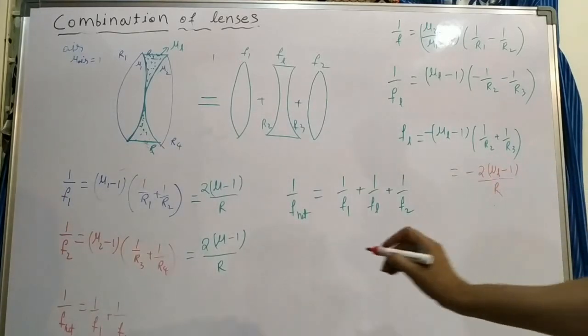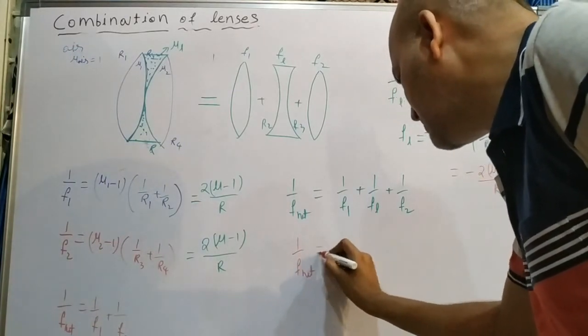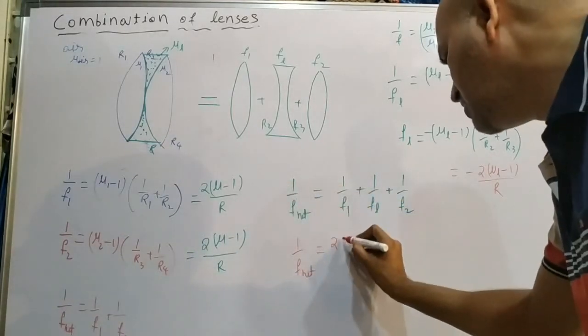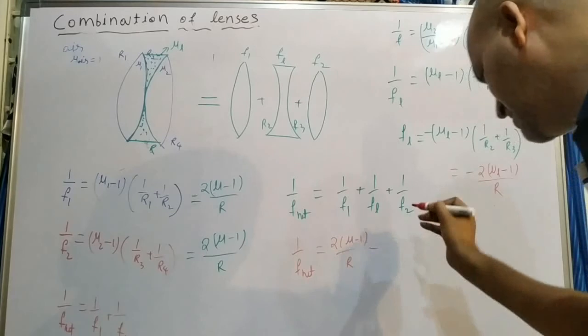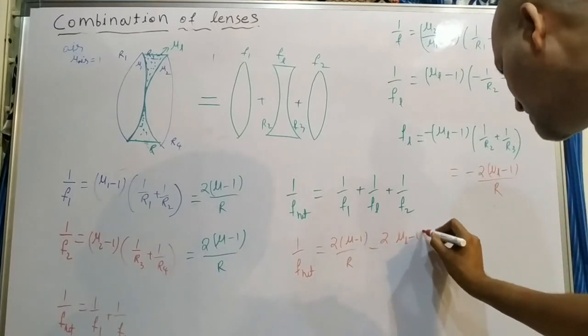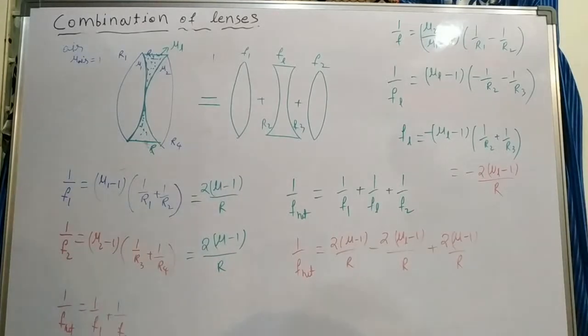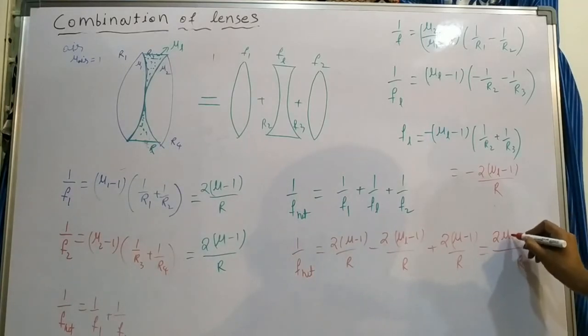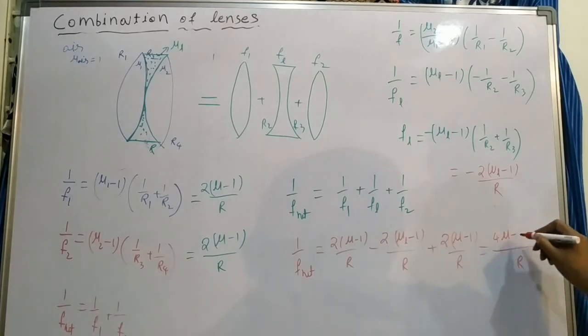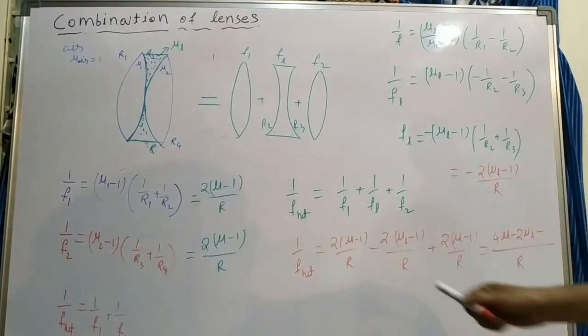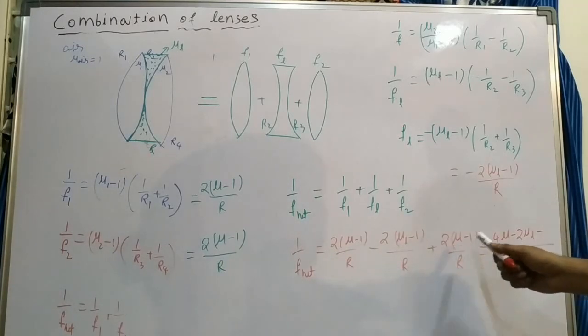We add all of these: 1 by F net is equal to 2 into (mu minus 1) by R, minus 2 into (mu liquid minus 1) by R, plus 2 into (mu minus 1) by R. If you do the LCM, you get R in the denominator, and the final value is 4 mu minus 2 mu liquid minus 2 plus 2 minus 2, so minus 2 remains.